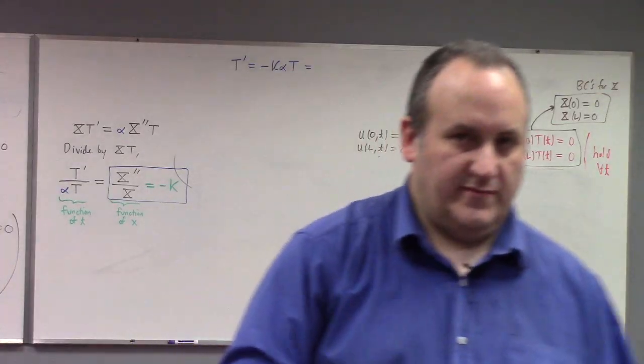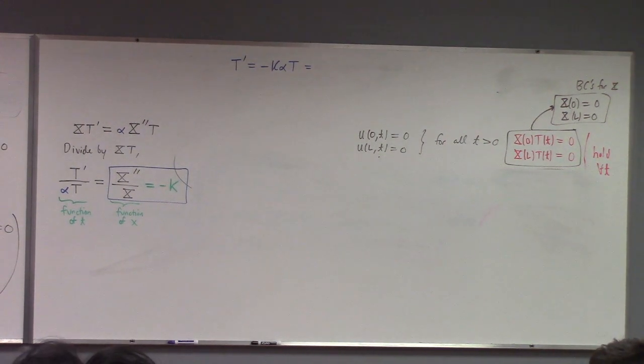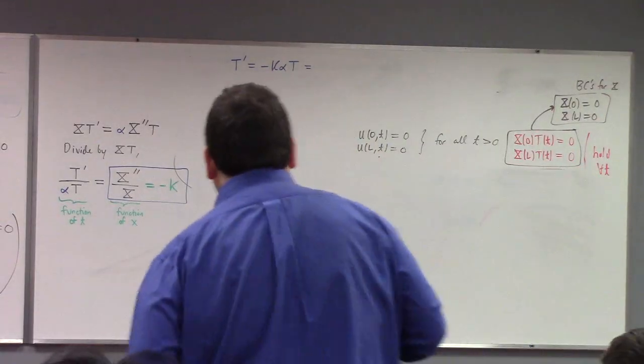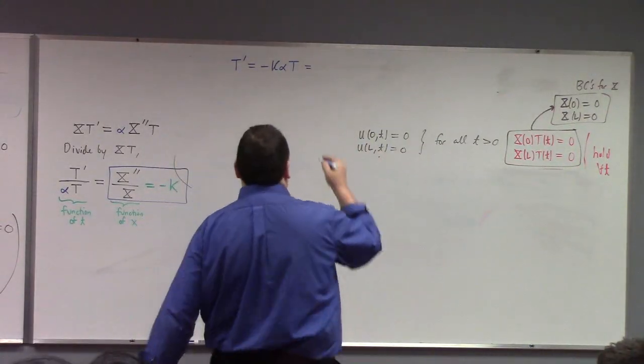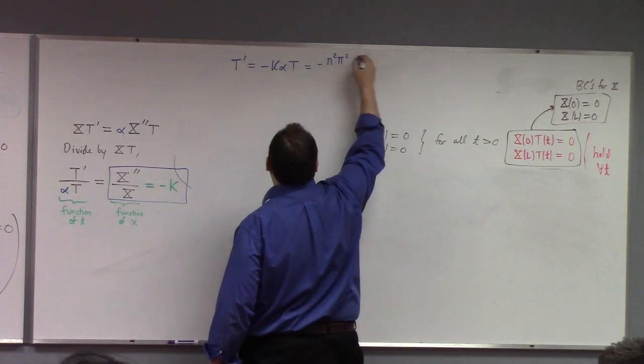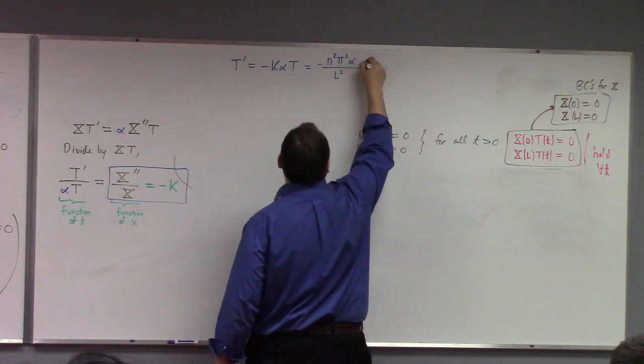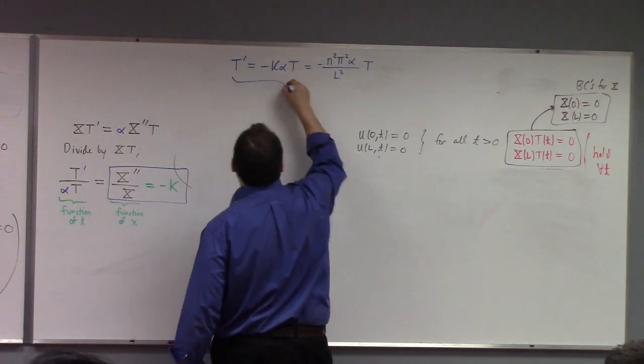If we want to have non-trivial solutions for the spatial part, we don't have much freedom in the matter. You said it: n squared pi squared over L squared. Okay, so we've got minus n squared pi squared alpha over L squared T. Can we solve this equation?